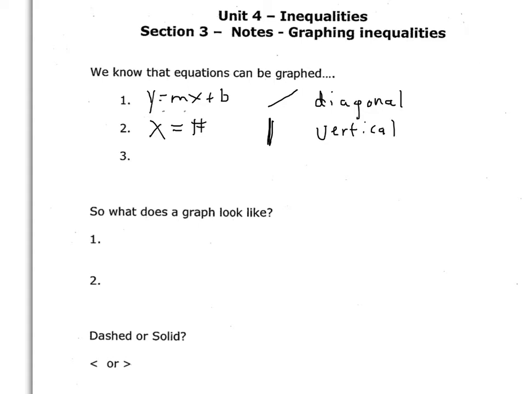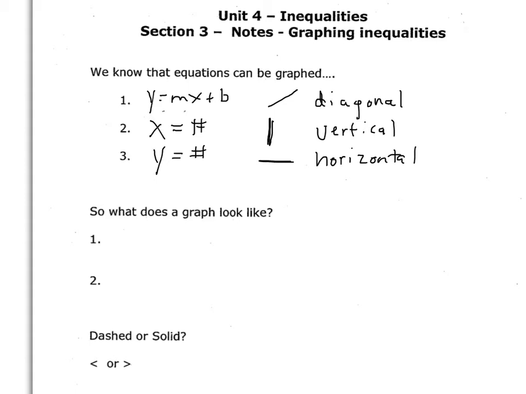Your third way is when you have y equals a number, and you'll always have a horizontal line. So those are three different ways that equations can be graphed.